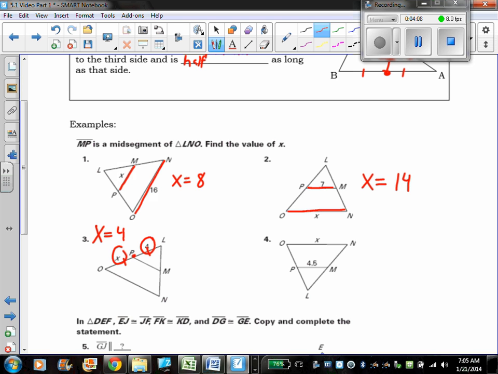And then over here, it's pretty similar to the example above it. Example 2, we're given that the mid-segment has a length of 4.5. We need to find the side that it's parallel to. 4.5 times 2 is 9, so x equals 9. So that's those examples.